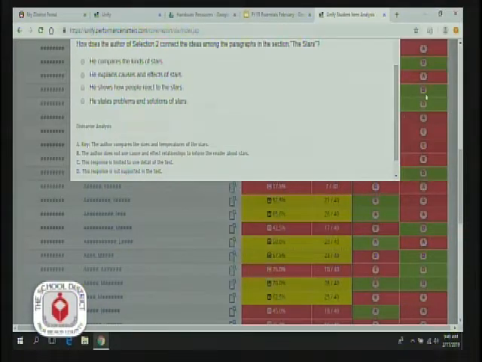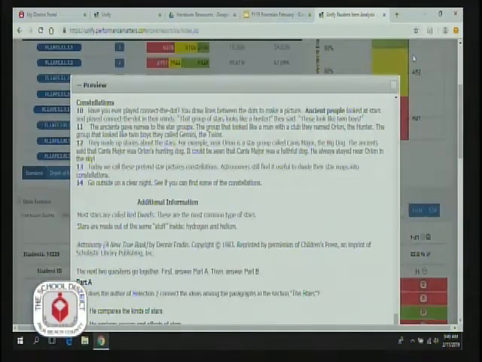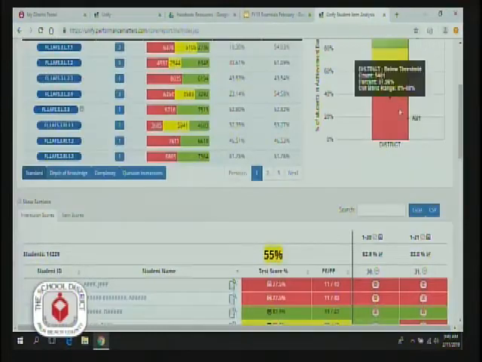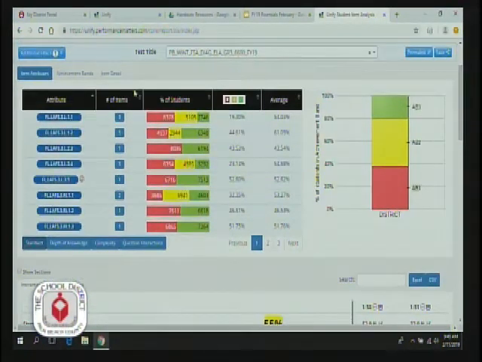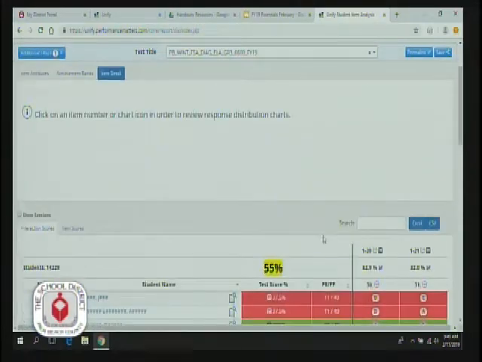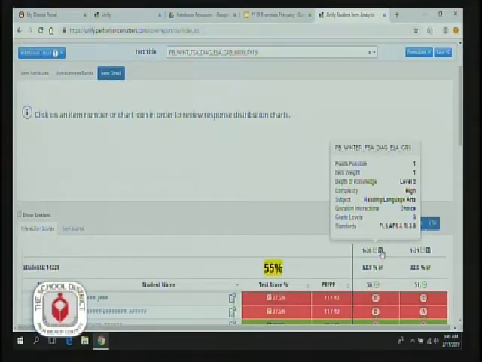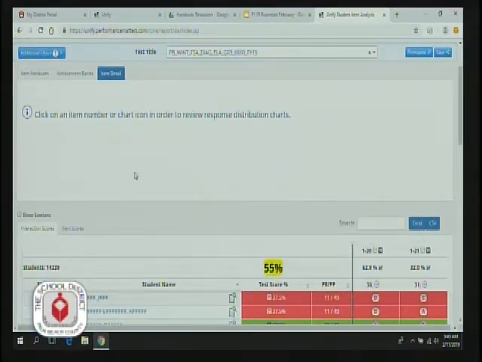And Paula, can you show them where they can see how many students got that question correct? So on this specific question, you'll see, where is it? 52.9% of the students got this correct, okay? So that's half.